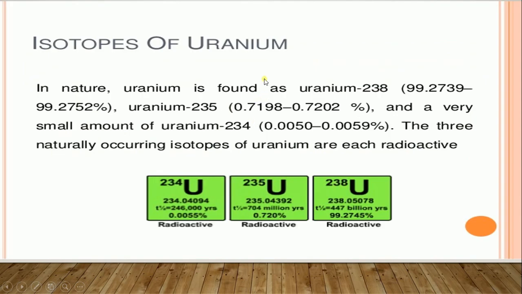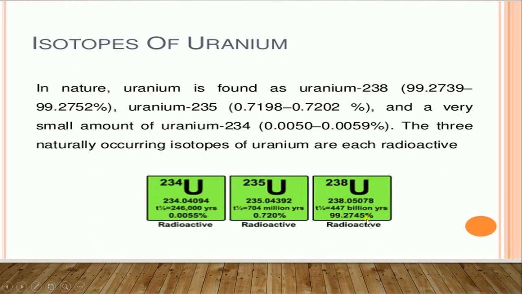If we see the abundance of these isotopes, uranium-234 occurs in nature in 0.0055% only. Uranium-235 occurs in nature at 0.720%, and uranium-238 occurs in nature at about 99.2745%.